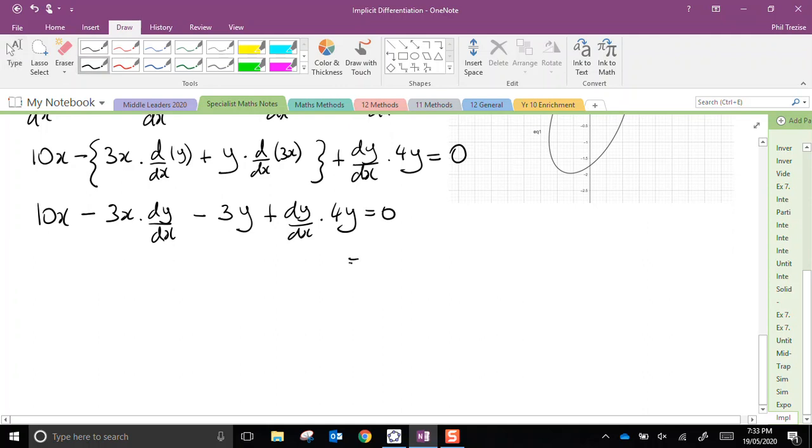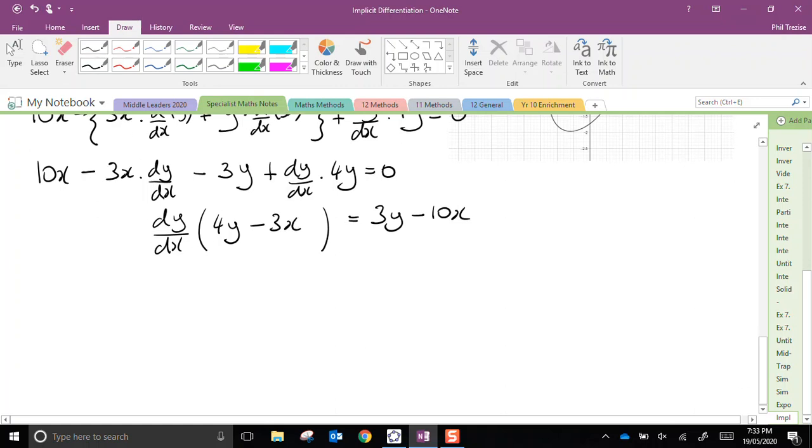Now it's just a matter of collecting like terms. So what will I do? I'll move the negative 3y to the right hand side. I'll move the 10x to the right hand side. These two terms here that had dy dx, I will factor dy dx, and what will be left? Well, dy dx as a factor of this term would leave 4y, and dy dx as a factor of this term would leave negative 3x.